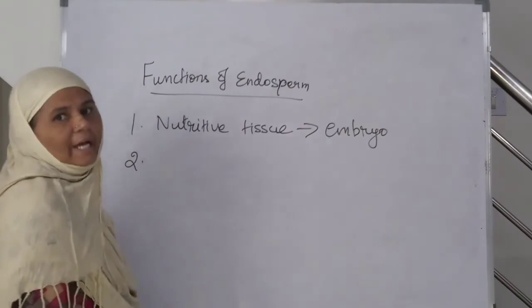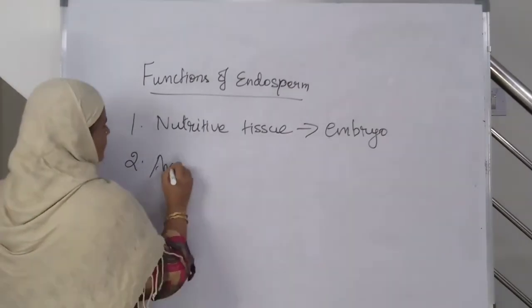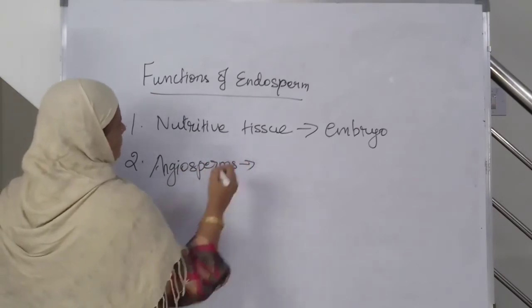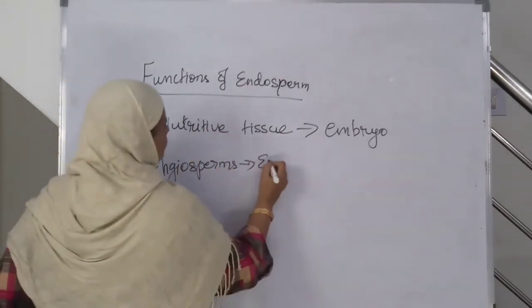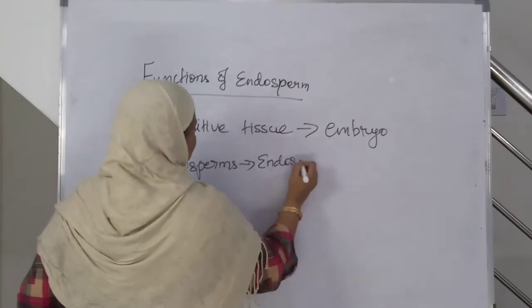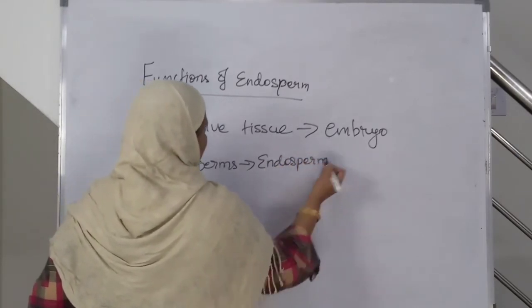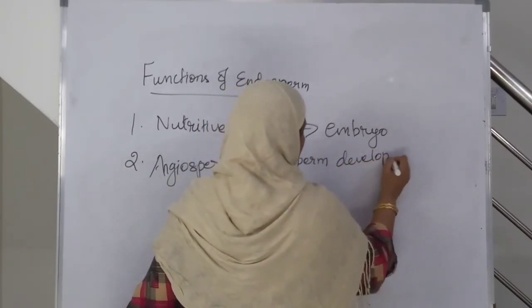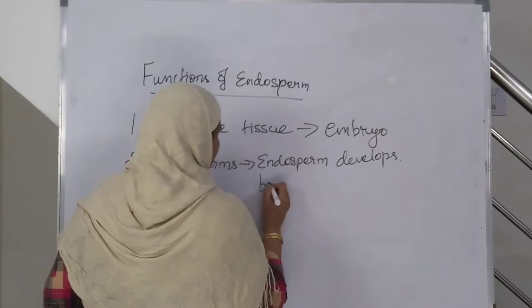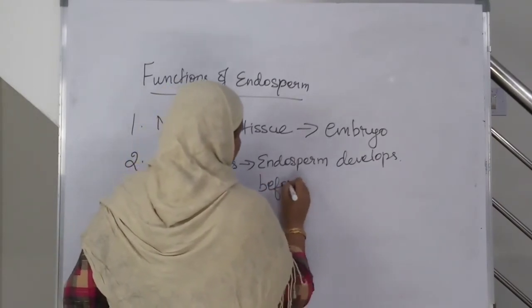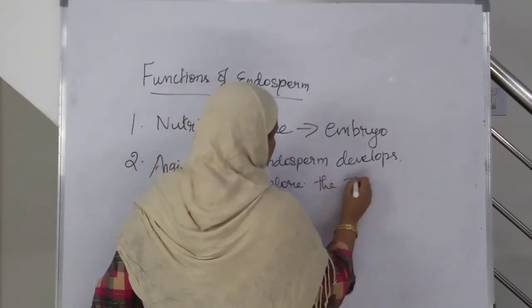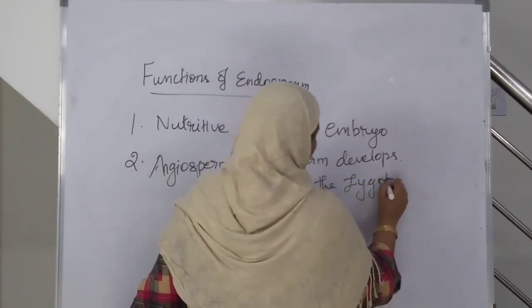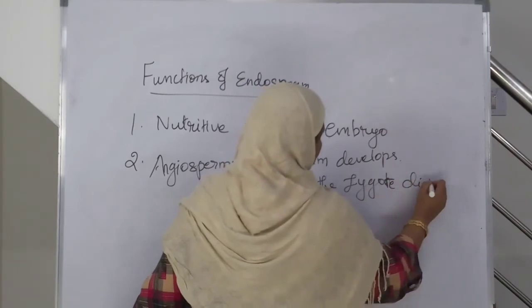In most of the angiosperms, endosperm develops before the zygote division, that means development.